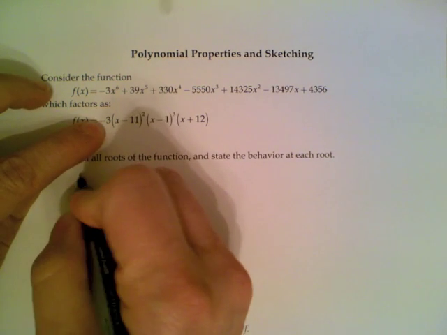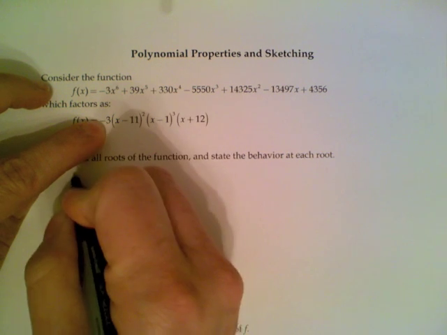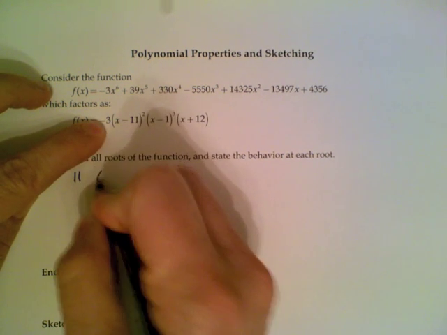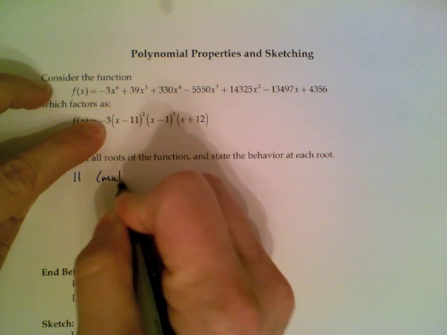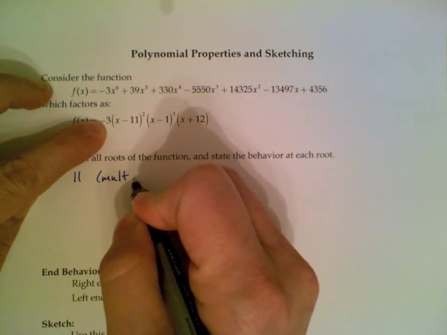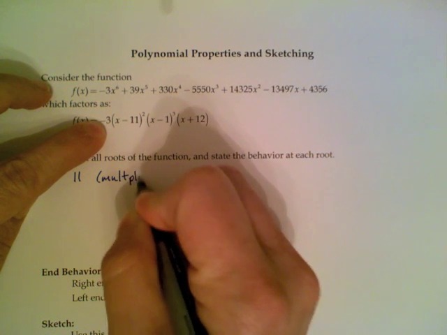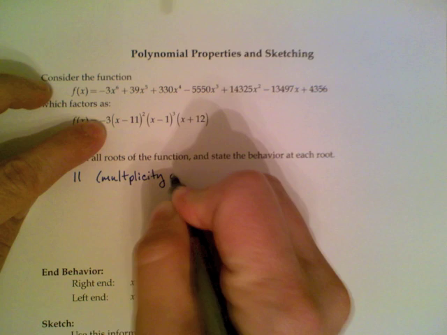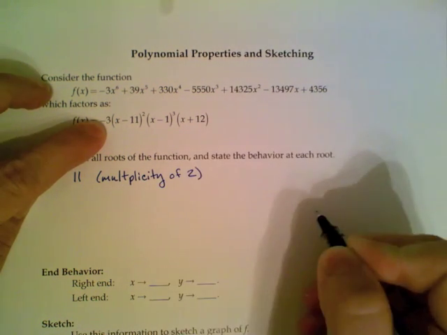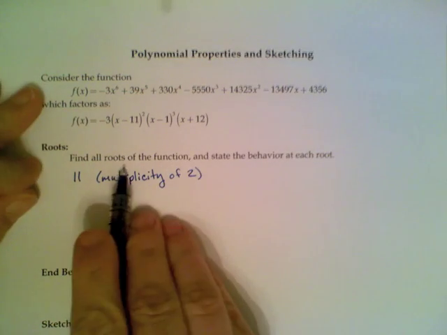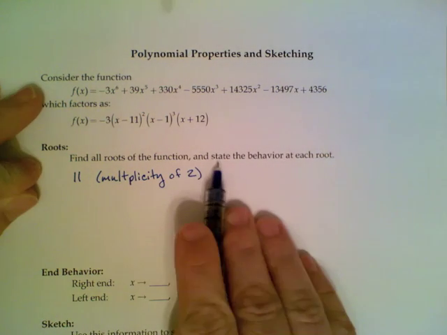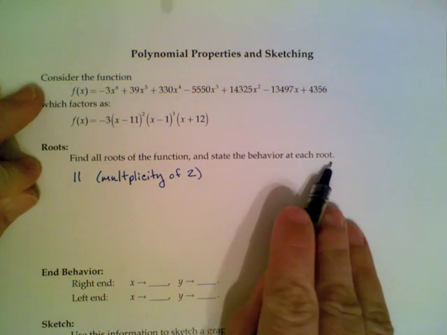I get a root at 11. Notice that the root of x equals 11 has a multiplicity of 2, which is an even number. I didn't ask you to tell me the multiplicity, but I did ask you to state the behavior at each root.